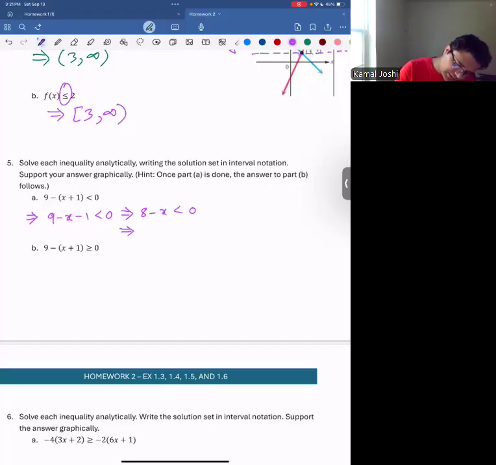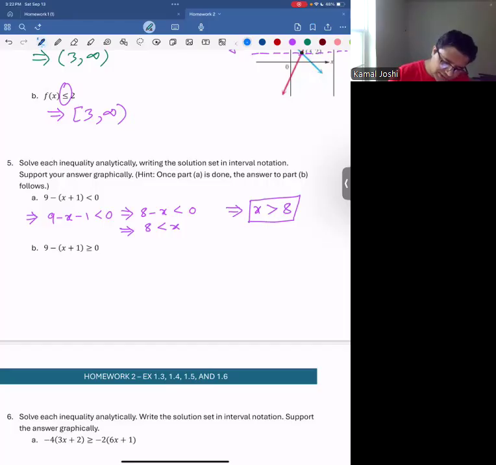And that you can write as 8 less than x, or if you turn it around, x is greater than 8, right? You can just flip the inequality and also change the direction of the inequality. So x is greater than 8.